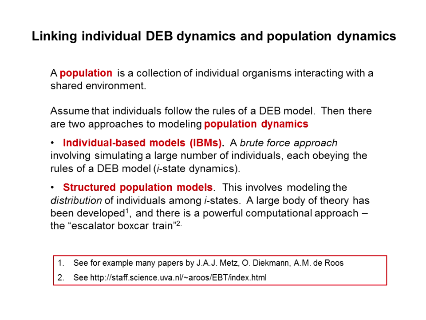If we want to construct a population model based on dynamic energy budget theory, we imagine that all the individual organisms are following the rule of the DEB model. So, in principle, all we need to do is throw a lot of individuals into a computer and let them interact with the environment.